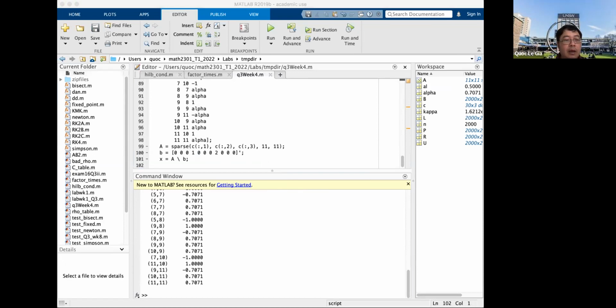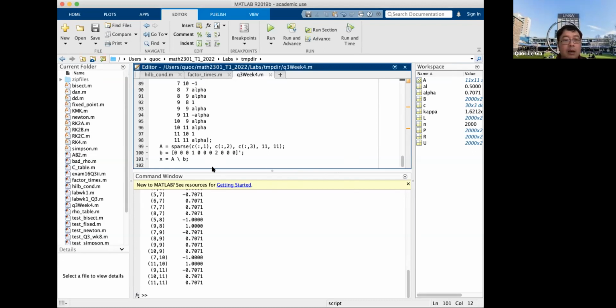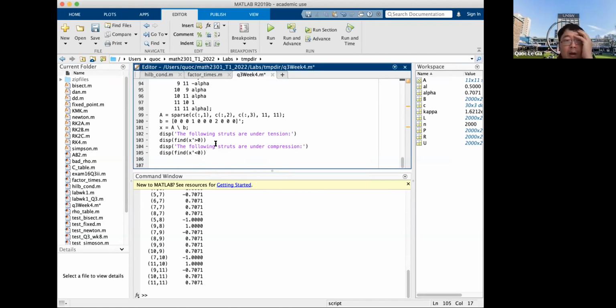And then now you just display what struts are under tension. It means that you just find all the positive values. If the force is positive, then it is under tension, you try to pull it, and if it is negative, then it is under compression, you try to push it.